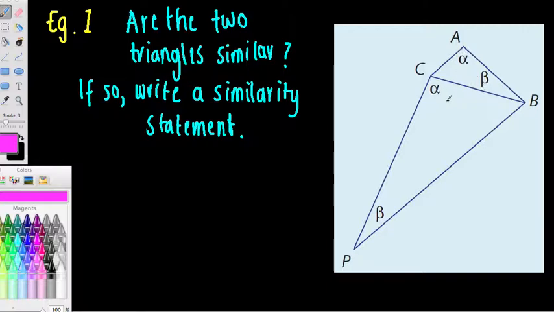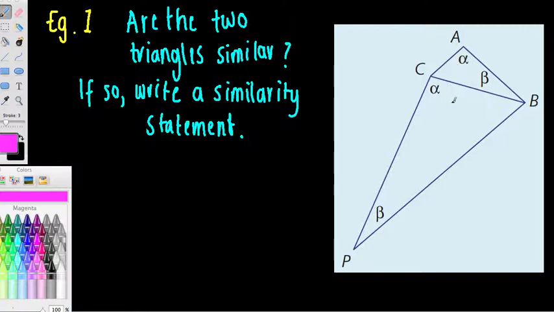But it doesn't matter because we've got some angles labelled. Can you see that? We've got alpha there, we've got another alpha here. So that means these two angles are the same. We've also got this beta symbol, and that beta symbol is the same down there. That means these two angles are the same. So how many angles do we need to be the same to know if they're similar?